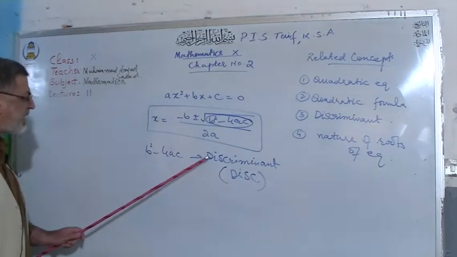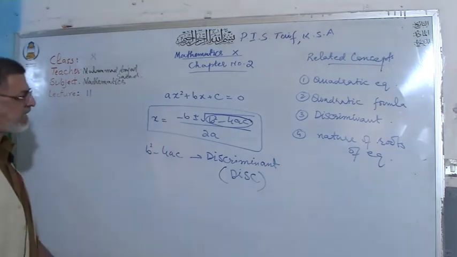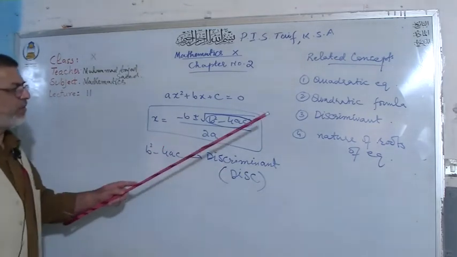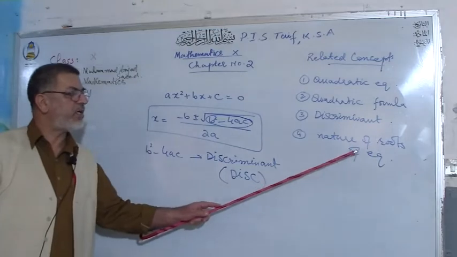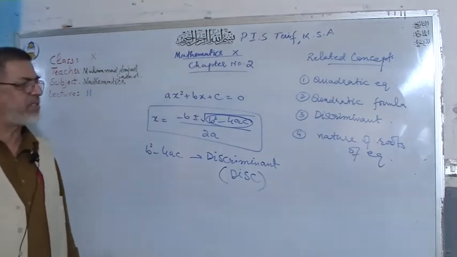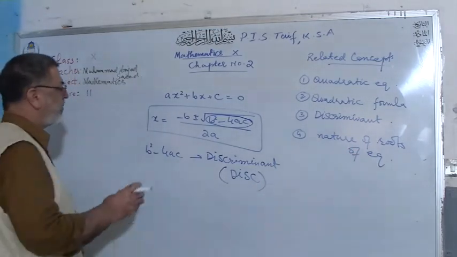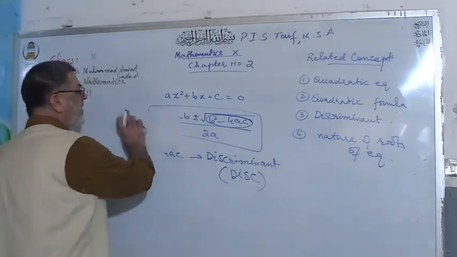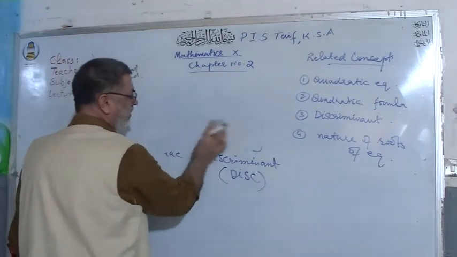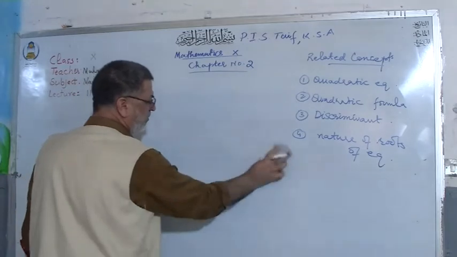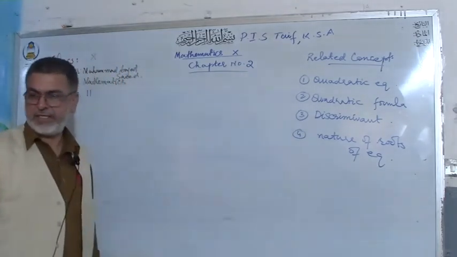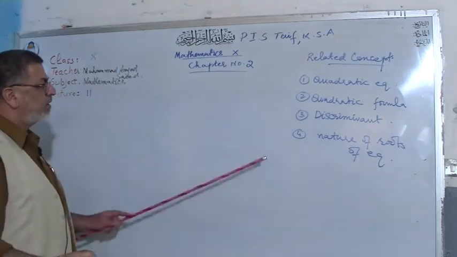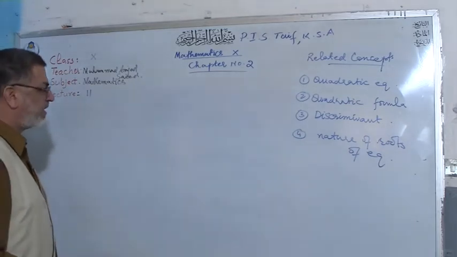On the basis of this discriminant, we will decide the nature of roots of equation. Dear students, very important, and you will frequently use these nature of roots in your chapter number 2, particularly your standard quadratic equation values.